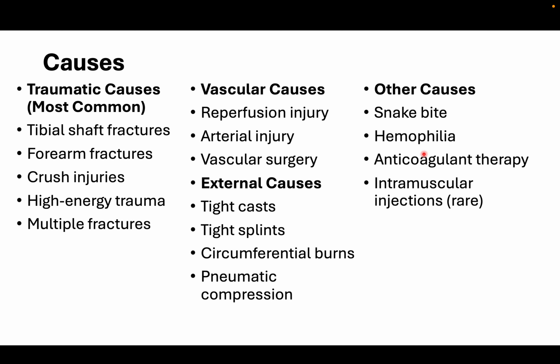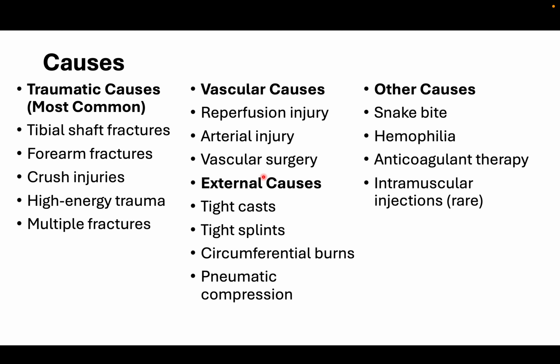The causes of compartment syndrome: the traumatic causes are most common, like tibial shaft fracture, forearm fracture, crush injuries, high energy trauma, or multiple fractures. Vascular causes that can lead to compartment syndrome are reperfusion injury, arterial injury, vascular surgery.